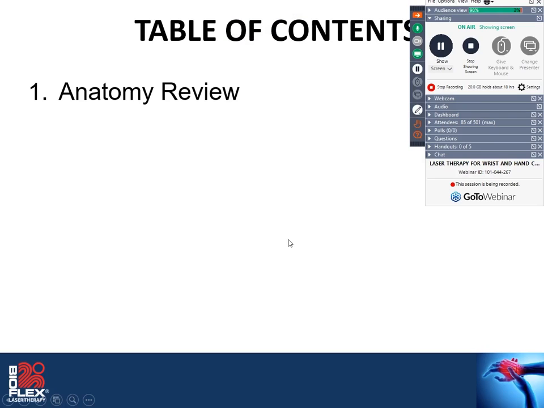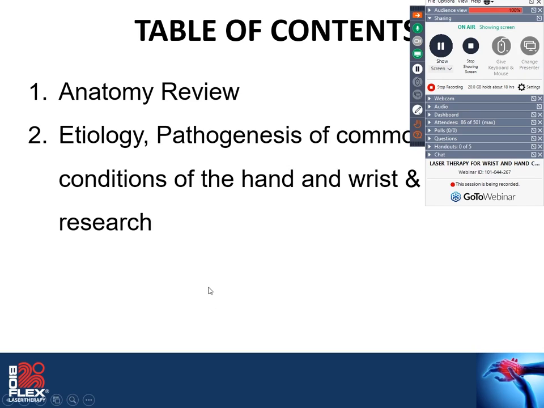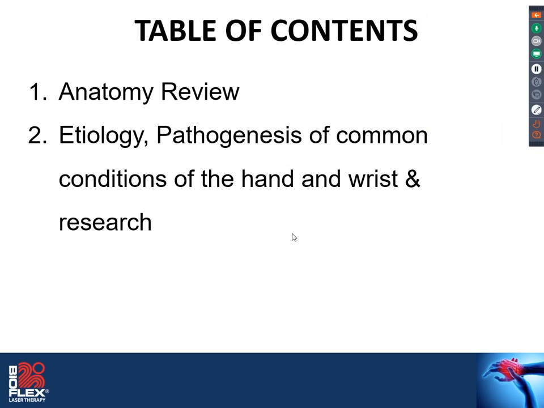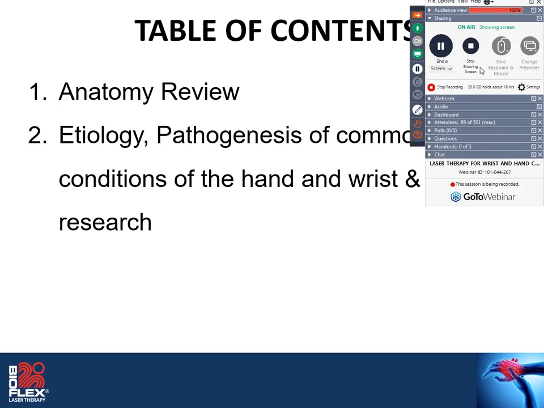I'm going to do a basic anatomy review very quickly, just so we can refresh our memories with respect to the anatomical regions of the wrist and hand. And then I'll get into not all, but some of the more common conditions, their etiology and pathogenesis briefly, as well as some of the research with low-level laser therapy or photobiomodulation and these conditions.